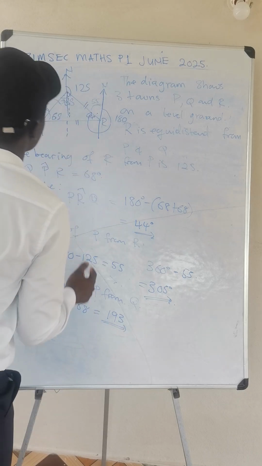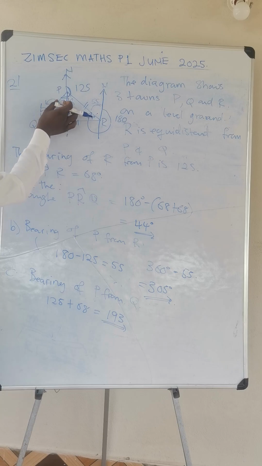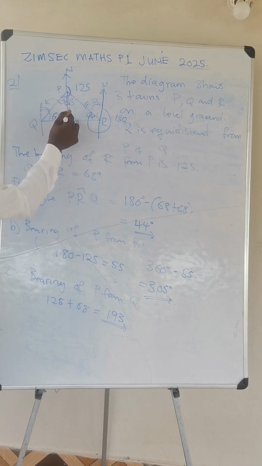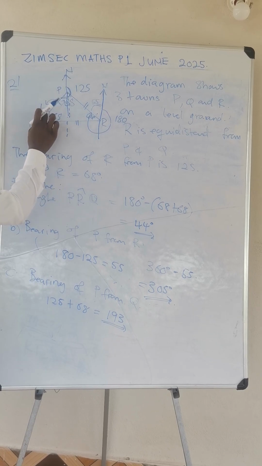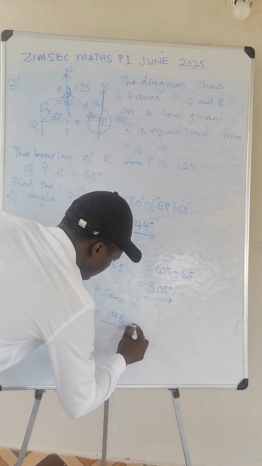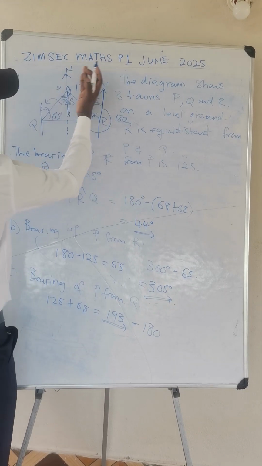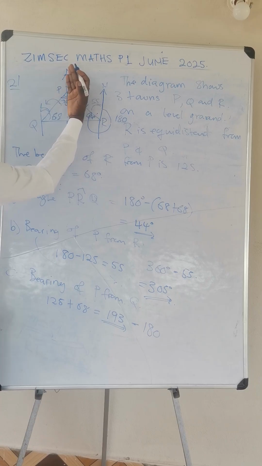193. So this is the angle. This is the complete angle up to this point. But we wanted this part that produces a z angle with this part. So we are saying 193 minus 180. We are now removing this part so that we can be left with this part.